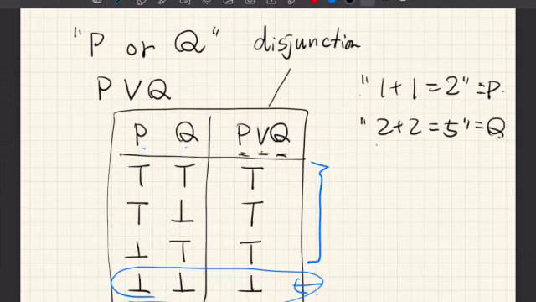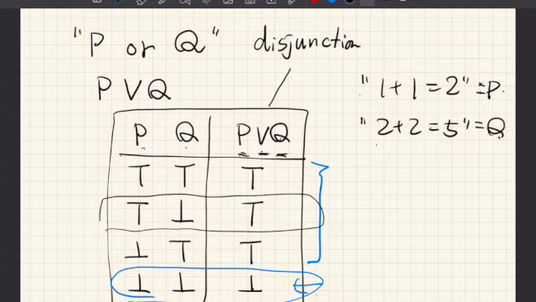So we pick this row. The resulting proposition is true because at least one of them is true. So this is true.